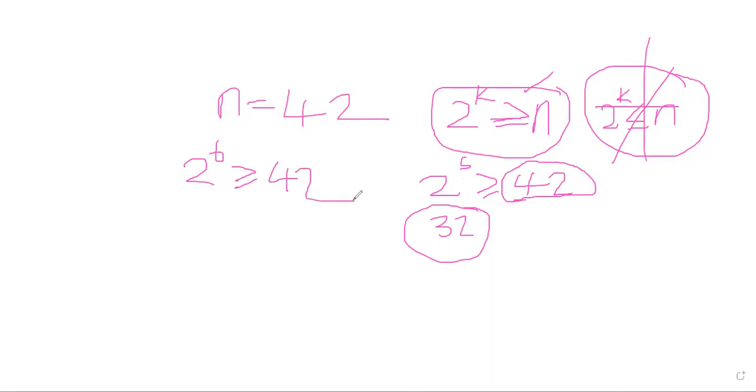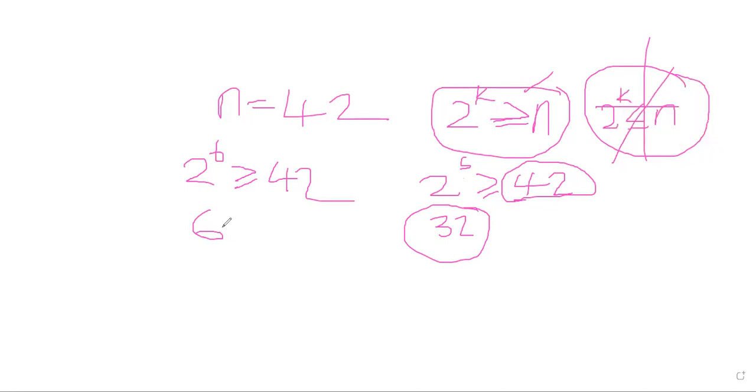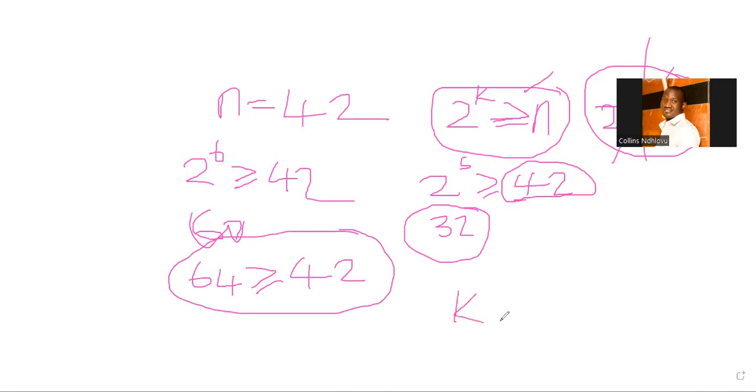And 2 to the power 6 is 64. So 64 is greater or equal to 42. So the first value that exceeds 42 is k equal to 6. This is how we've gotten our k equal to 6.